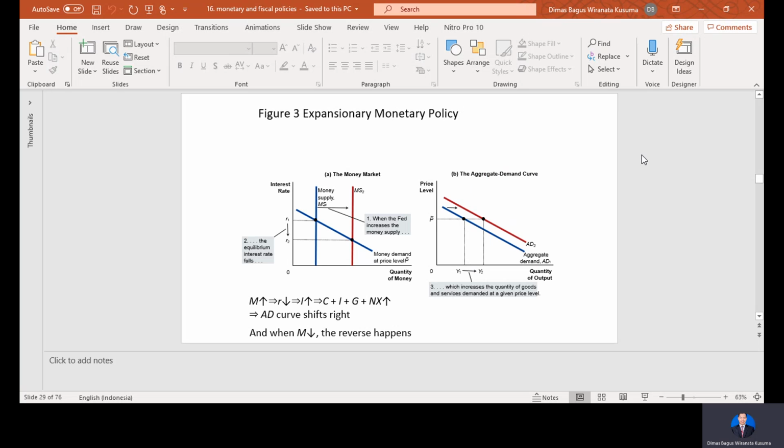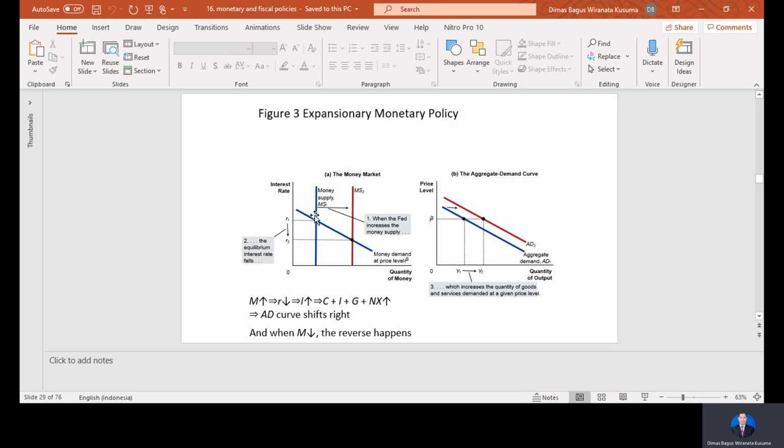Next, you can see that expansionary monetary policy will affect aggregate demand. From the first condition here, we have the interest rate and the quantity of money.